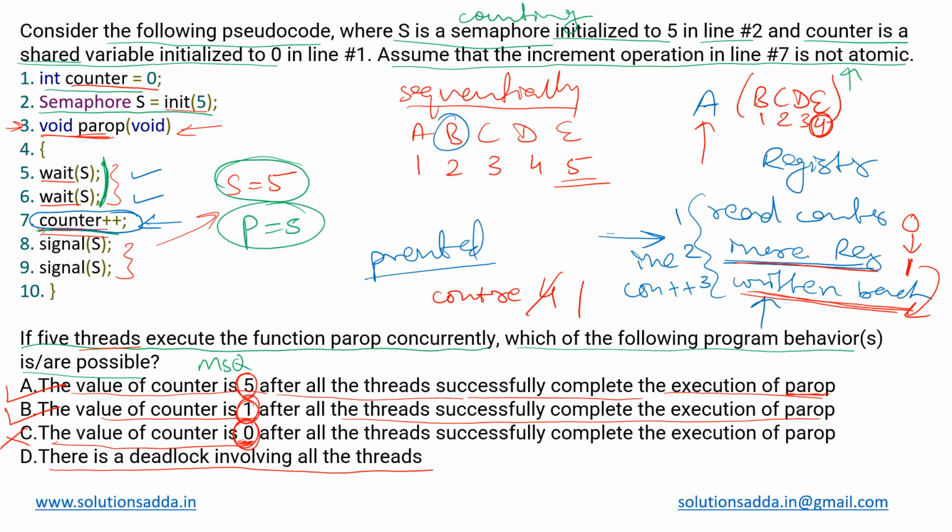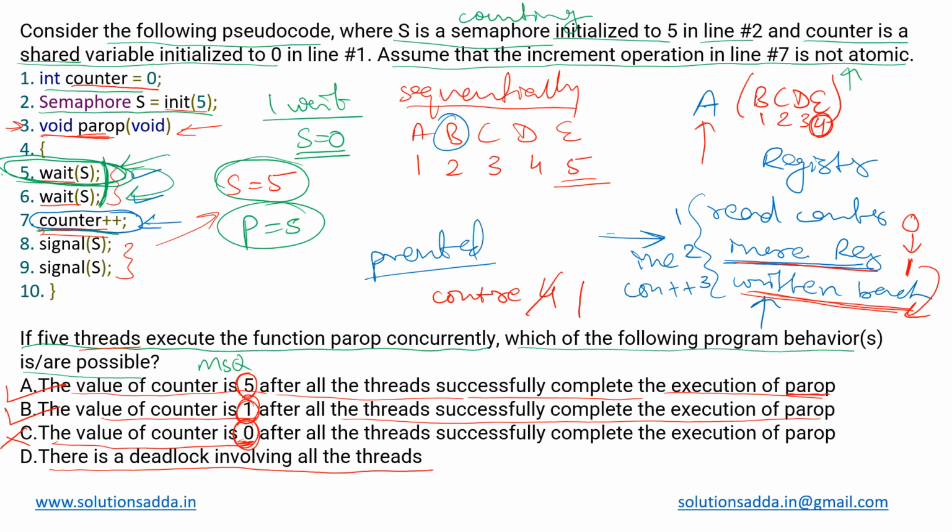What if all the processes start concurrently and all of them reach up to this line 5? That means all of them perform 1 wait operation on this semaphore. So when all 5 of them have completed line number 5, the value of S would have become 0. After that, no process can move on to line number 6.